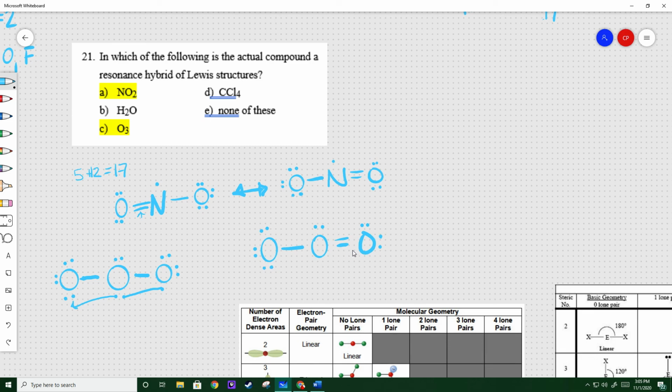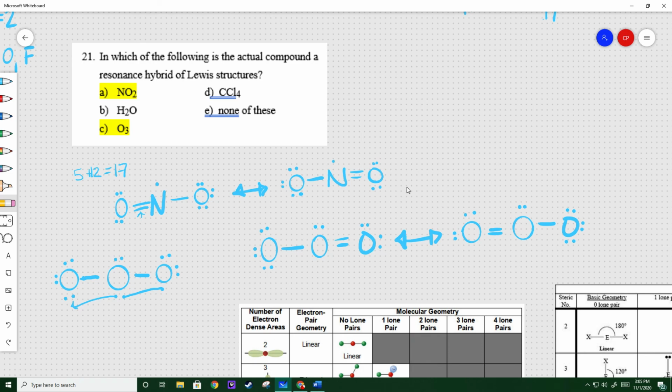That's great. But it doesn't mean that this double bond is only on this oxygen. It can go like this. And then now we have 2 possible ways to draw this.